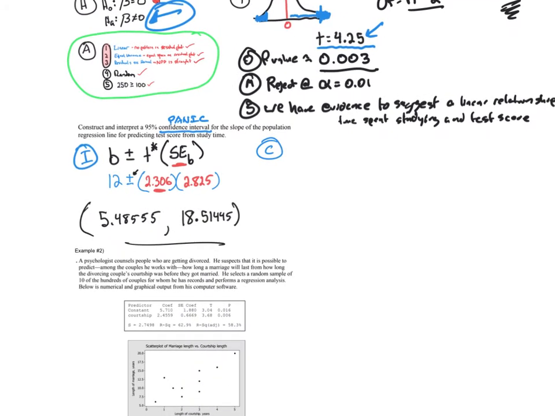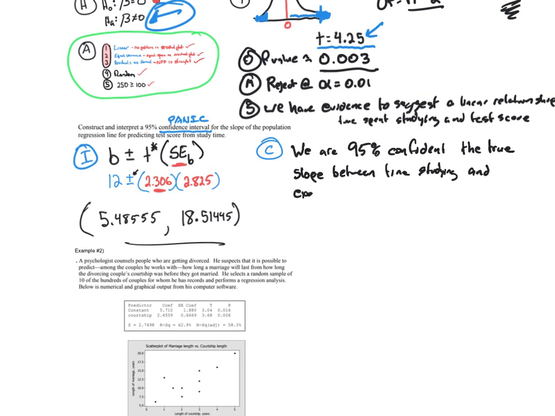Well, now we know conclusions on these by now, right? We are 95% confident the true slope between time studying and exam score is captured in 5.5 to 18.5.